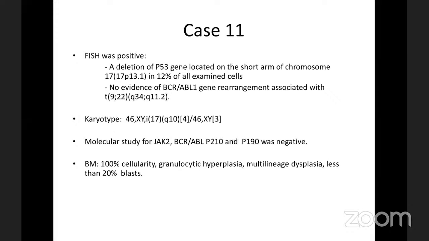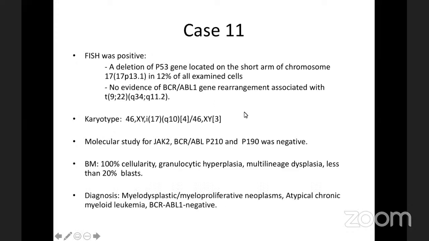There was no myelofibrosis, and the final conclusion is that the patient is diagnosed as MDS/MPN, atypical chronic myeloid leukemia, BCR-ABL1 negative. It's under the MDS/MPN, and we found that the patient best fits atypical chronic myeloid leukemia.